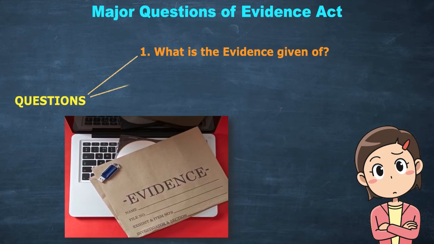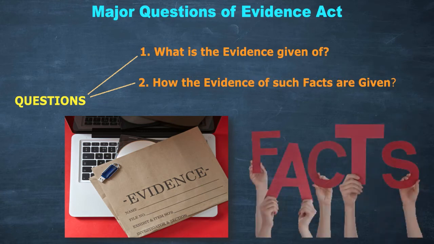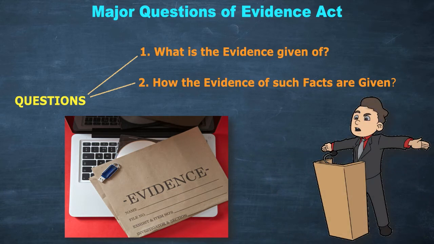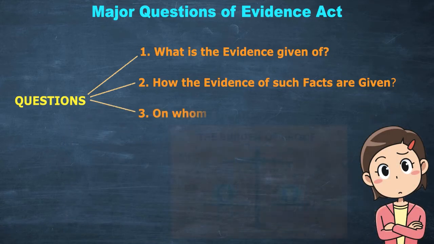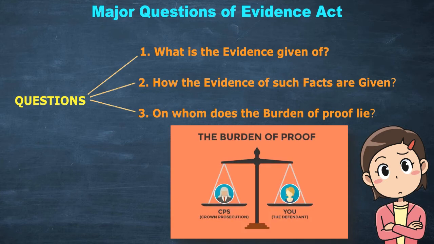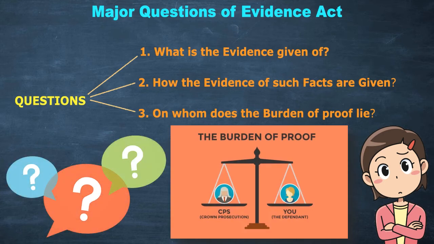Secondly, how is the evidence of such facts given? The evidence of such facts is given either by way of oral evidence or documentary evidence, isn't it? Once you get the answer to this question, then the third question comes, that is, on whom does the burden of proof lie?